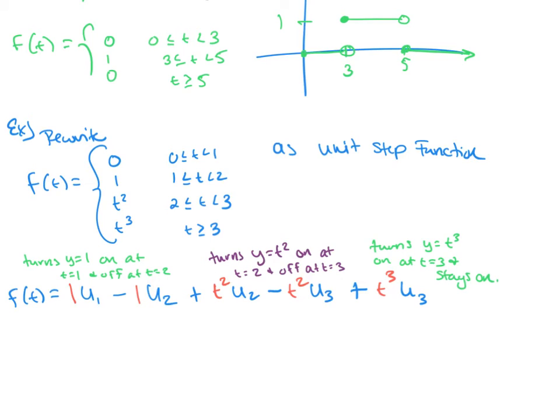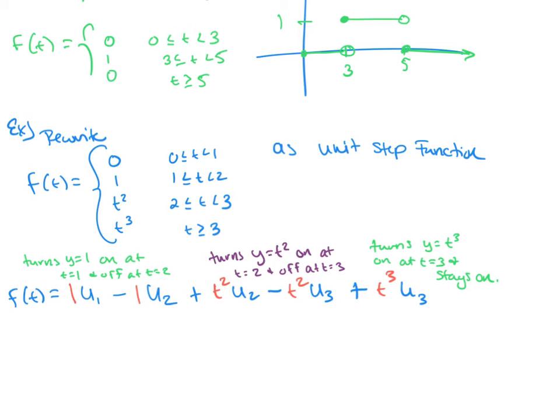Okay. So u1 minus u2 turns the function 1 on at 1 and off at 2. T squared u2 minus t squared u3 turns the function t squared on at u2 and off at u3. And plus t cubed u3 turns the function on at u3.